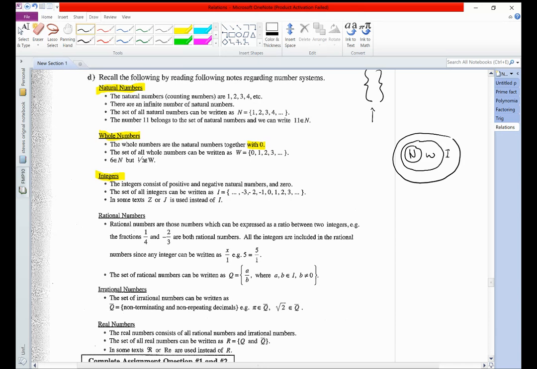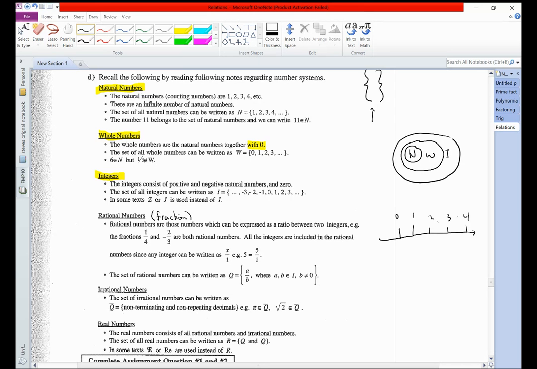And then we move into rational numbers. Rational numbers are numbers that can be expressed as a ratio of 2 integers, so any number that can be represented as a fraction. So we started off with our counting numbers of 1, 2, 3, 4, etc. Then we got whole numbers, so we added a 0.